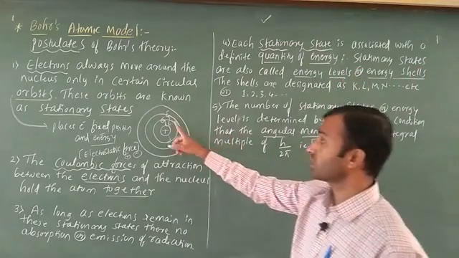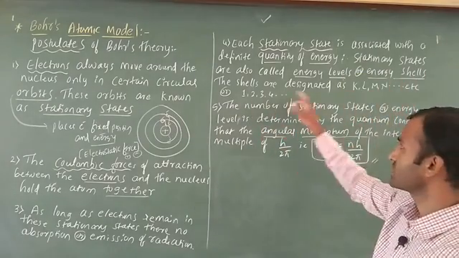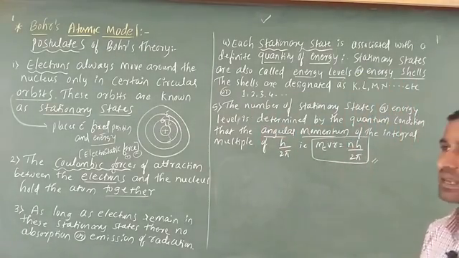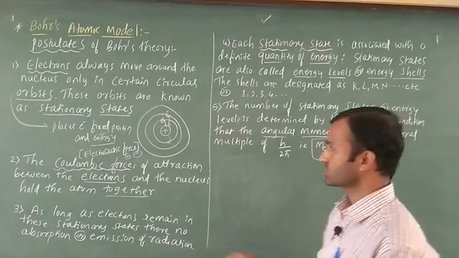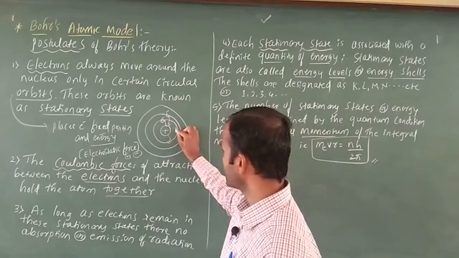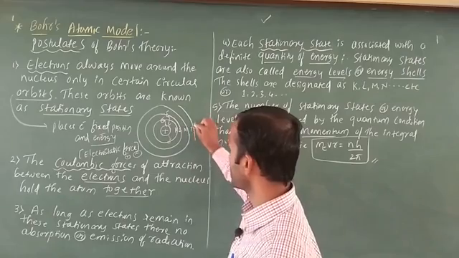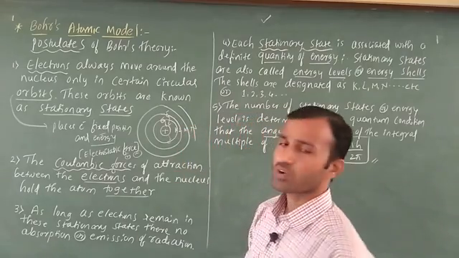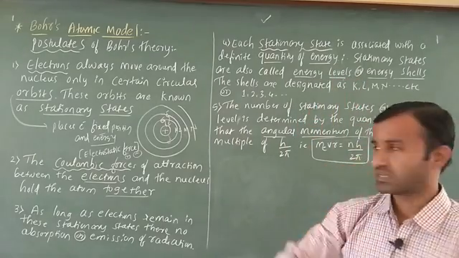That is why stationary states are also called energy levels or energy cells. These cells are designated as K, L, M and so on. Otherwise, you can write numbers 1, 2, 3 and so on. Here one cell is the K cell, this is the L, the next is the M, and the next one is N. These indicate cells, or what we call energy levels.